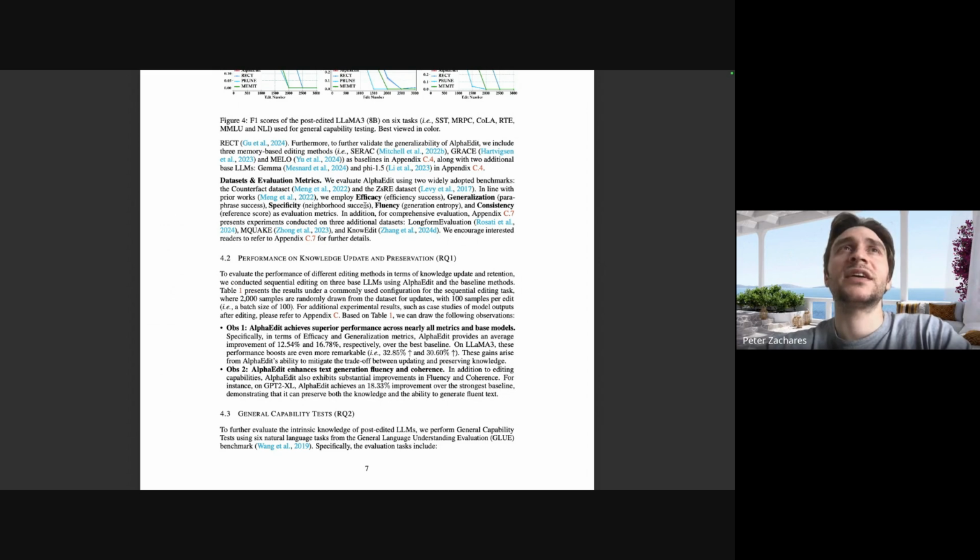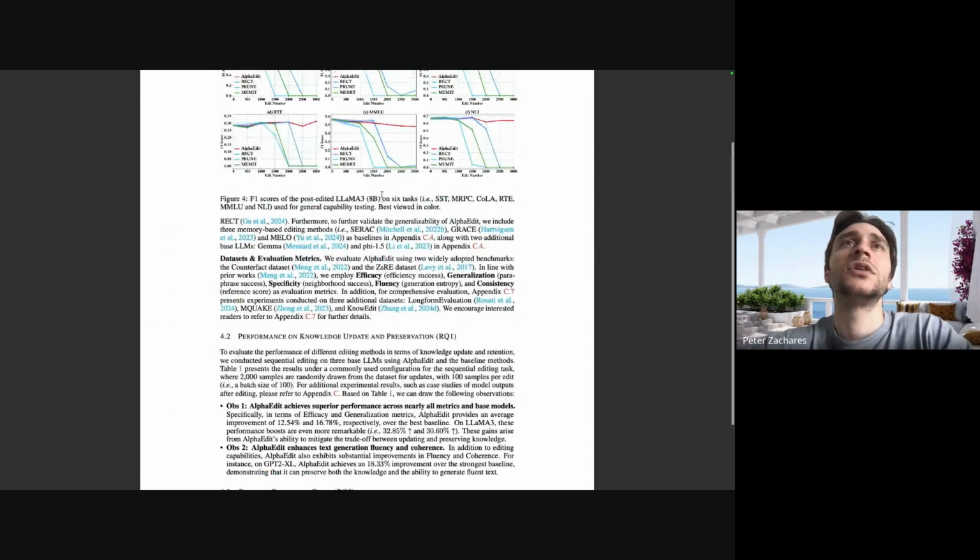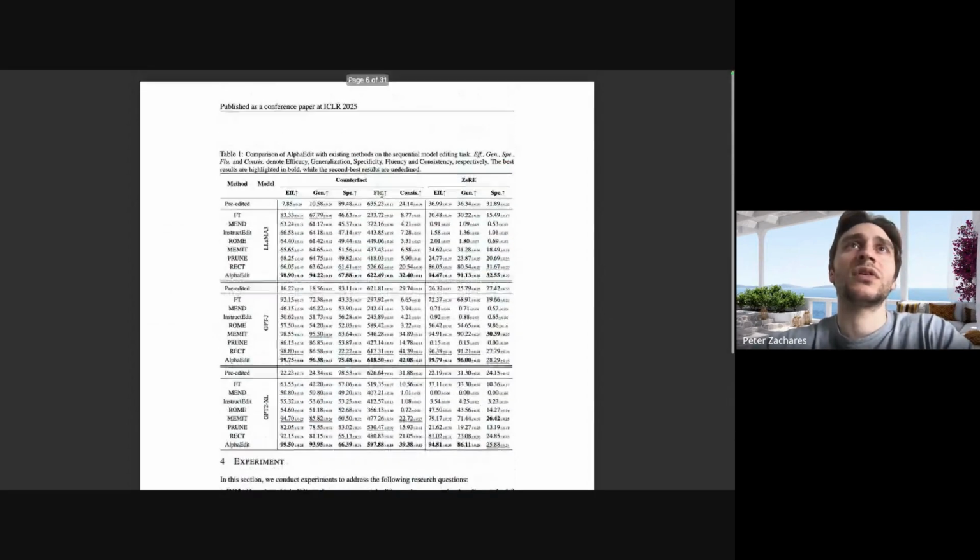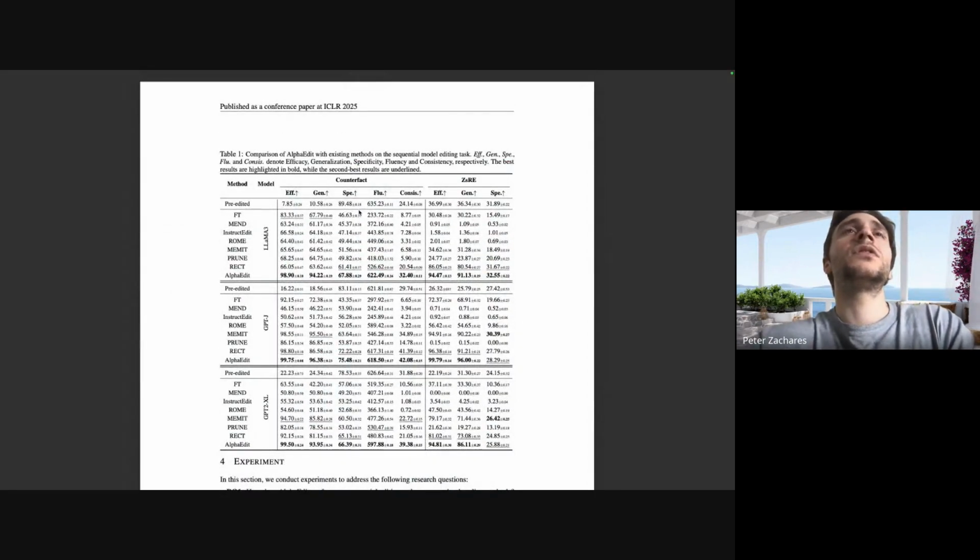Generalization, which is how often it can say the same thing in a different way. Specificity, neighborhoods, so I don't know what that is. Fluency, generation entropy, which is more like whether what's outputted makes sense, and consistency, like how often it gets the right answer. So these metrics are trying to define performance.